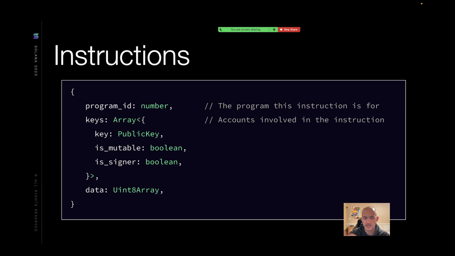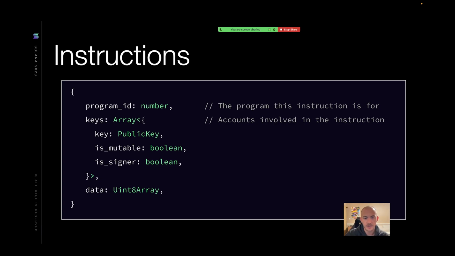And you can see the key, the address of the account, and then these two fields here are actually crucial. So the mutable field and is signer field. The mutable one is what tells the Solana runtime whether or not this is something that needs to be locked for a write or if it can just be read in parallel. So that one's super important.